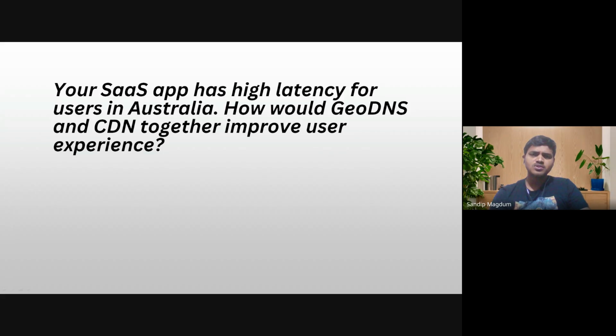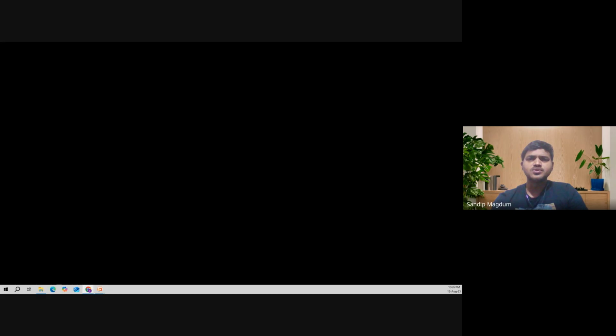Instead of going all the way to the US region, all the requests are resolved in the Australia region. The result of GeoDNS is the shortest network path and lower latency, so faster API responses.